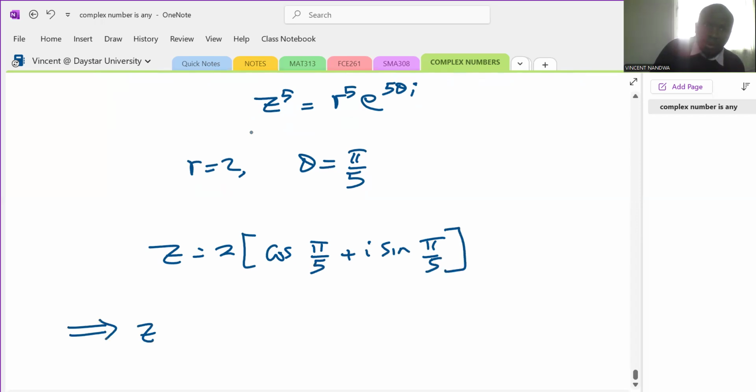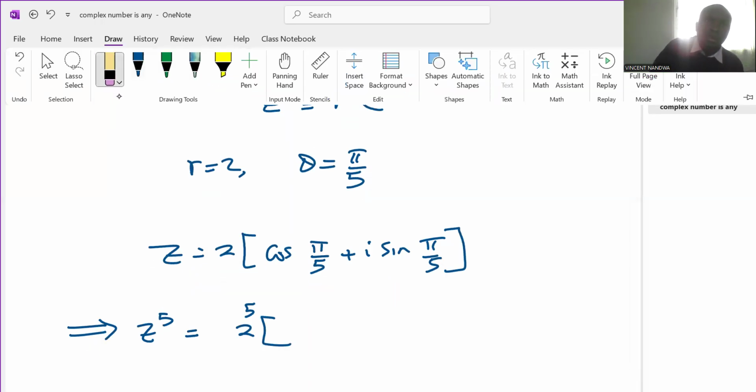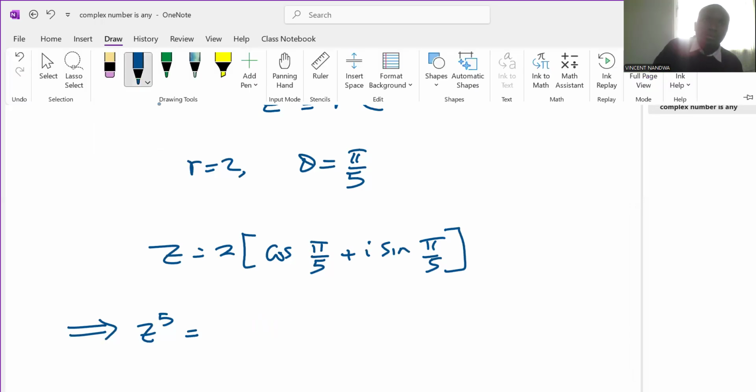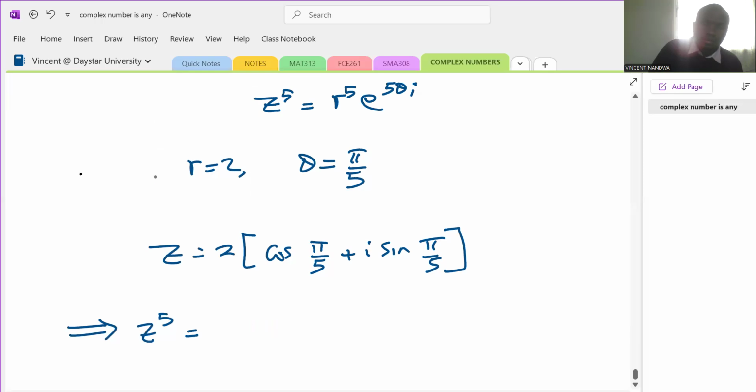then z to the power 5 is 2 to the power 5, because we take r raised to power 5, and then e to the power 5 times pi over 5 i.